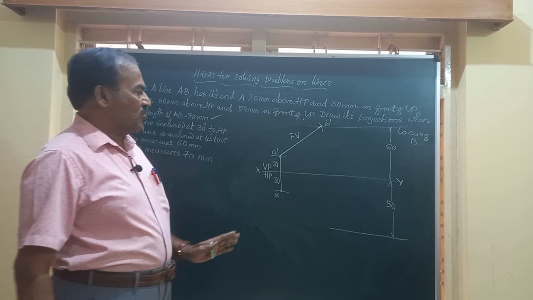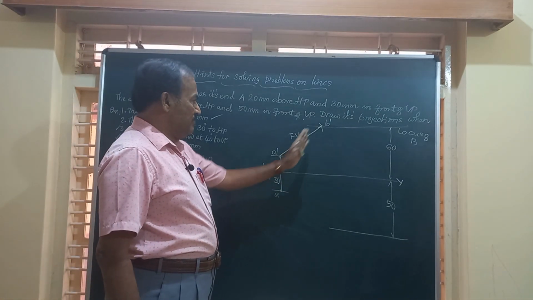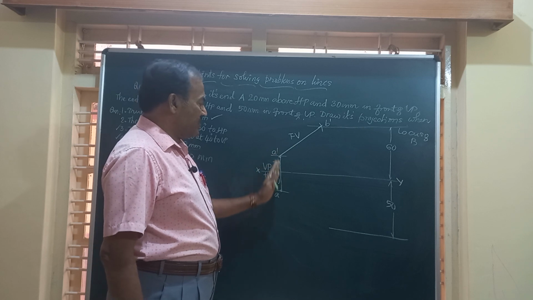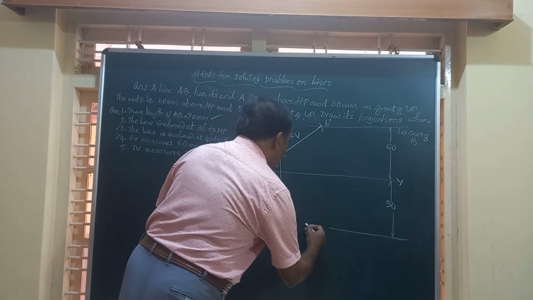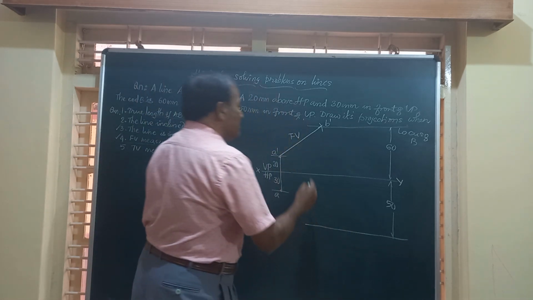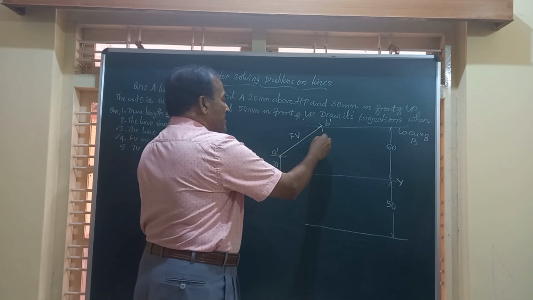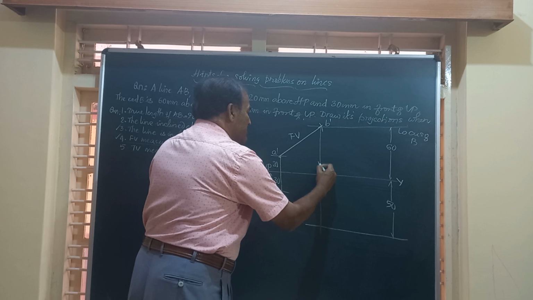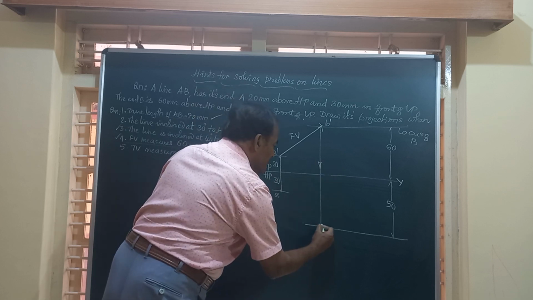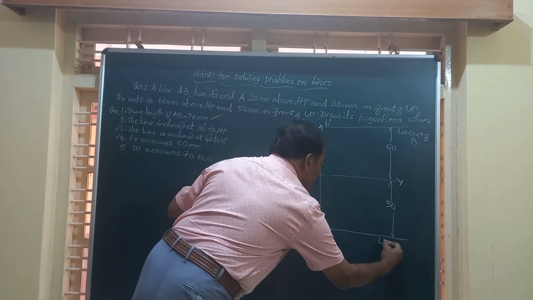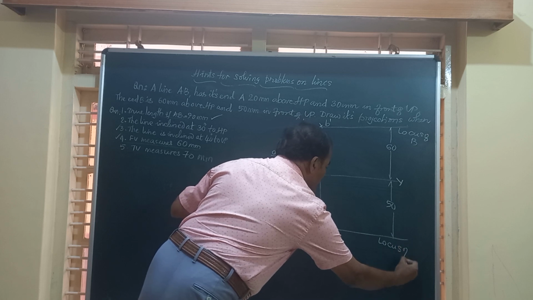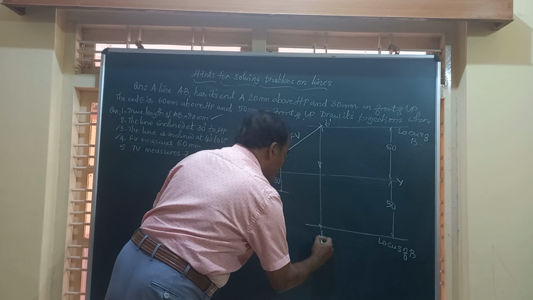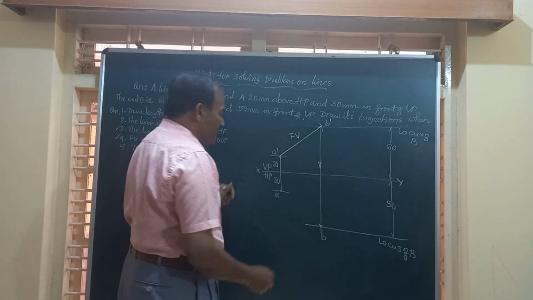And since you know that B dash and B lie on a vertical line, similar to our A dash and A, from there draw a vertical line downwards to intersect the locus of B at this point B. So AB is the top view.